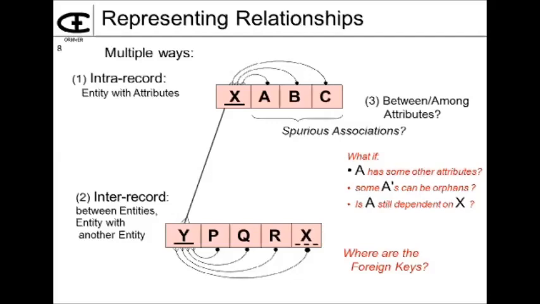What if A has some other attributes? H2, what do you do if you got some A's that have some other attributes? Where are you going to put those attributes? This ought to be right on the tip of your tongue.